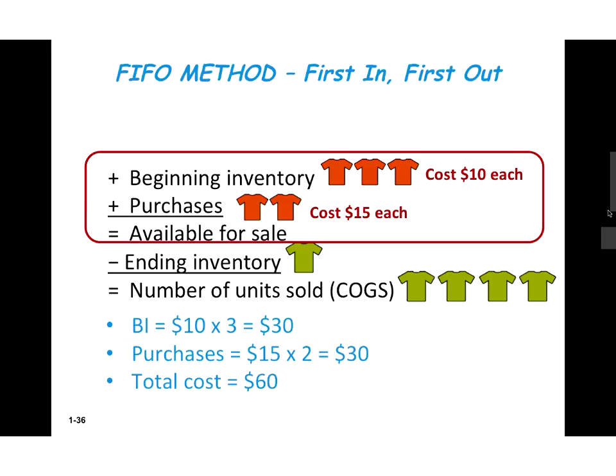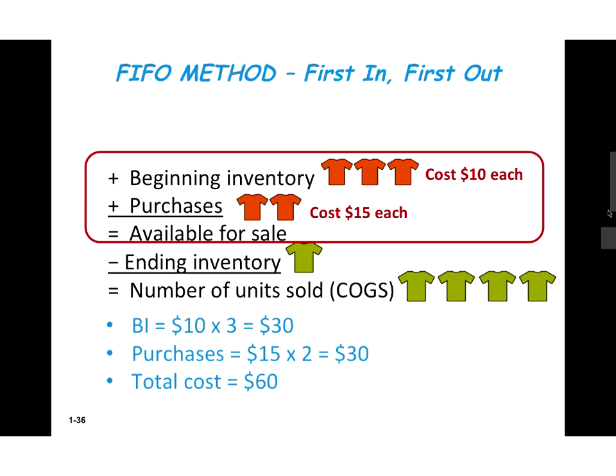FIFO stands for first in, first out. It refers to the units that you're selling. So FIFO says your oldest units are sold first. So you sell those oldest units first, and therefore, your newest units are your units in ending inventory.